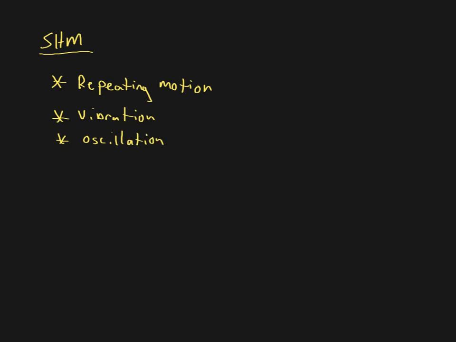But the key feature of simple harmonic motion, what really defines the motion as simple harmonic motion, is that it is caused by a linear restoring force. Now, a linear restoring force is not one which is constant.